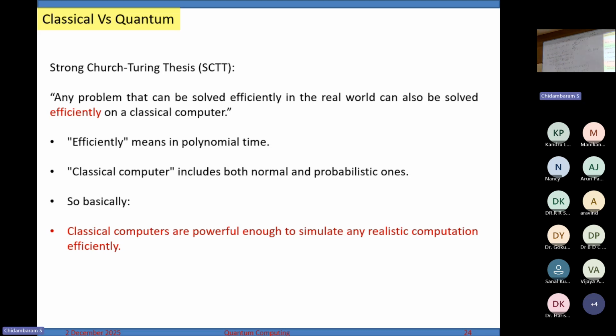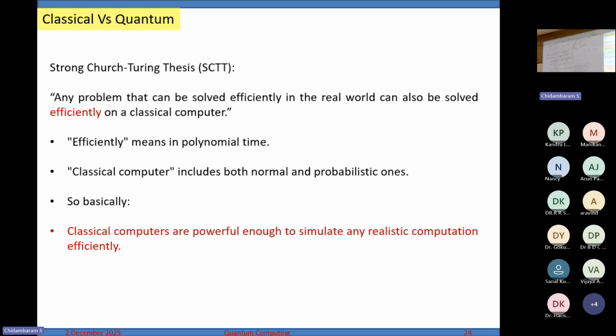On a classical computer, for numbers of magnitude 300 digits, not simple 23, 45, 51, but 300 digits. Is the problem solvable? Yes, it is solvable. Can you solve it efficiently? No. So that's where the thesis fails and quantum works.